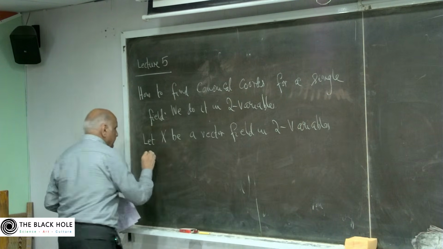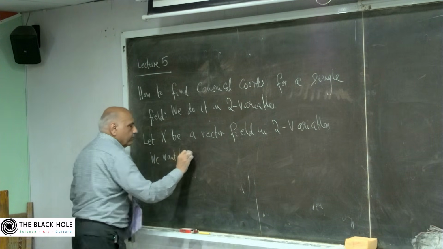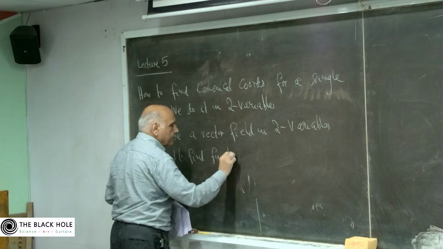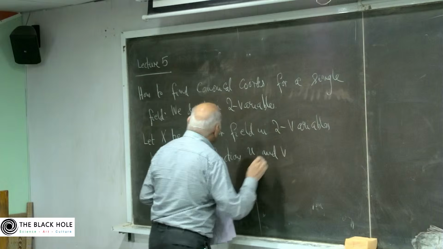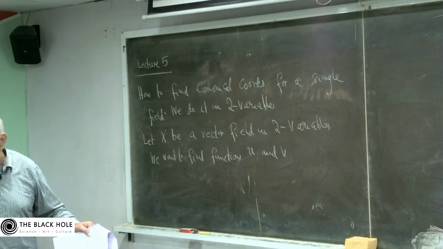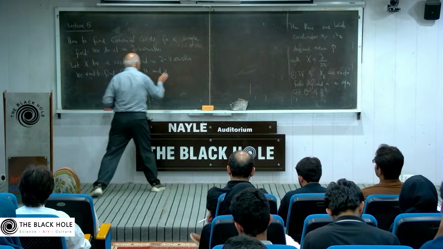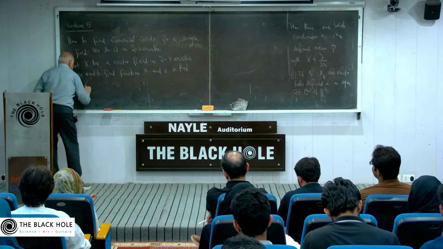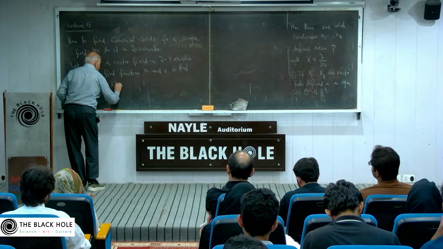We want to find functions u and v. Of course, x is a vector field which is not 0 at some point p. We want to find functions u and v defined near this point so that xu is equal to 1 and xv equal to 0.